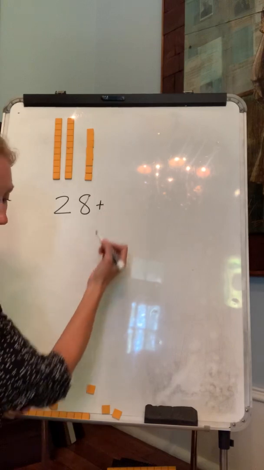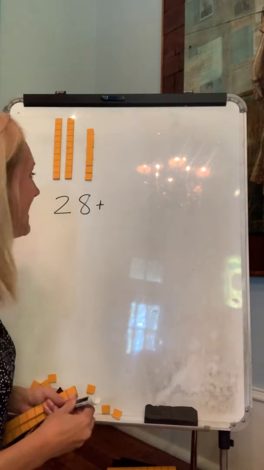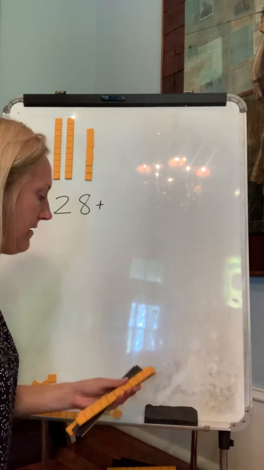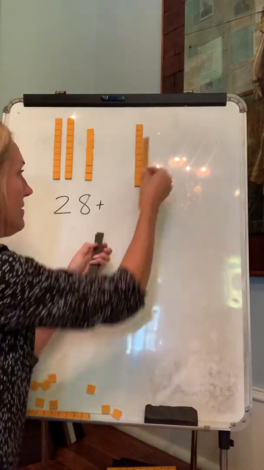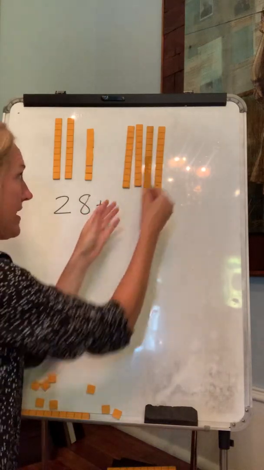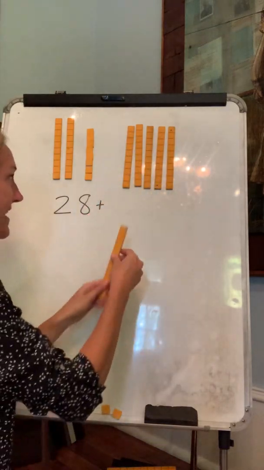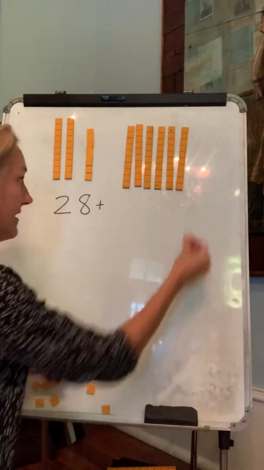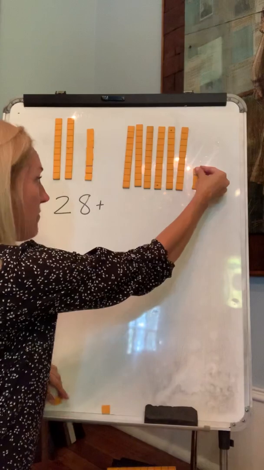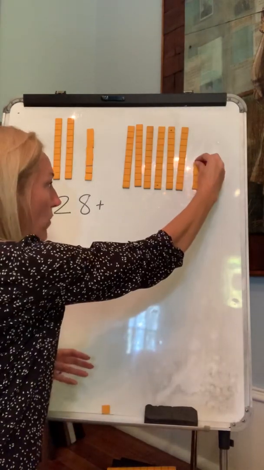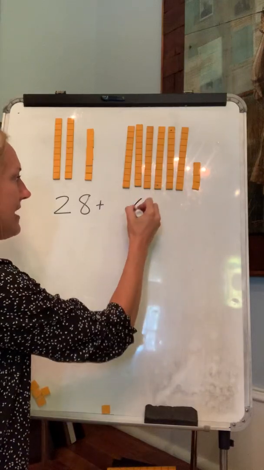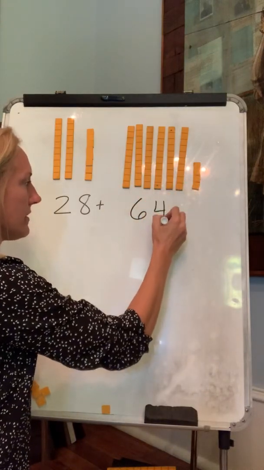And we're going to add 64 to that. 10, 20, 30, 40, 50, 60, 61, 62, 63, 64. All right. So 28 plus 6 tens and 4 ones.